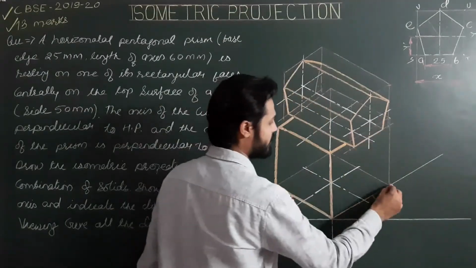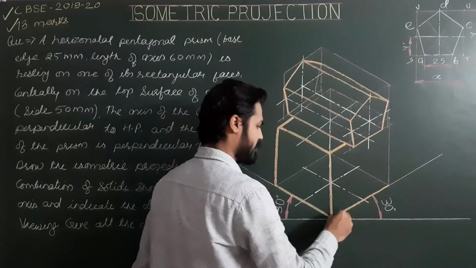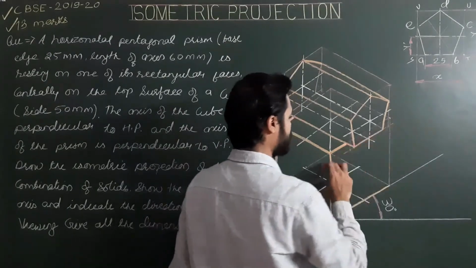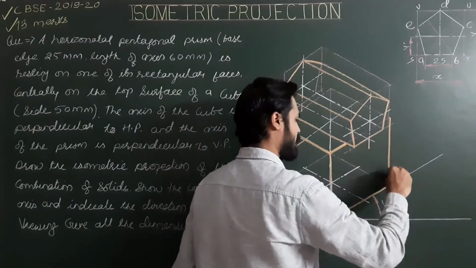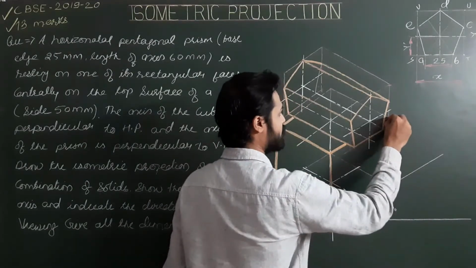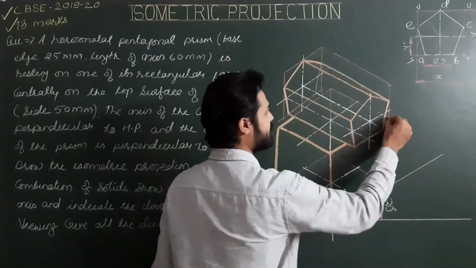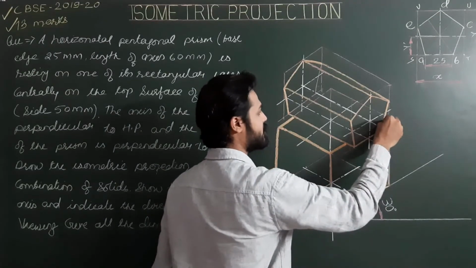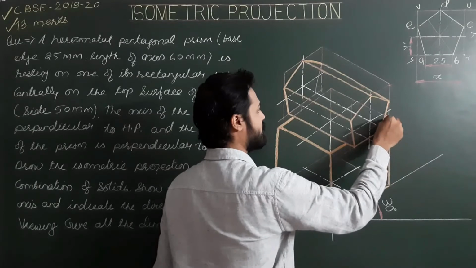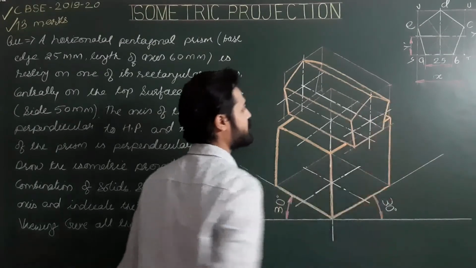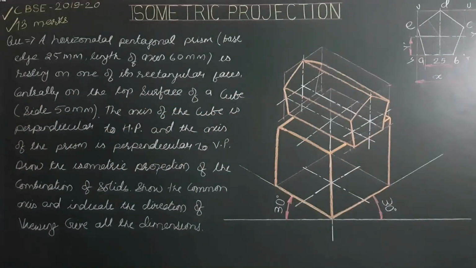Here, please mark the corners of the cube. These are corners, and then please check which lines are to be shown. This is the complete projection of the combination.